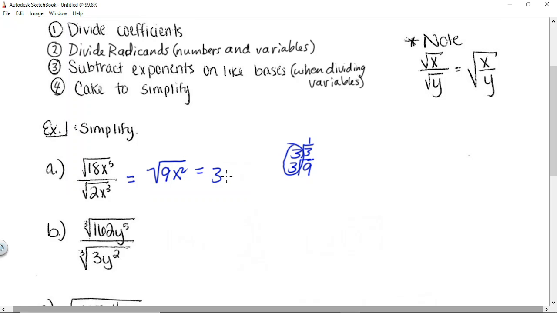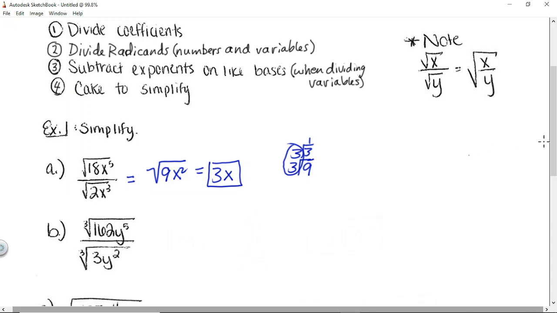We have a group of 2 x's as well, x times x. So x comes out. And there's nothing left. There are no leftover x's or numbers in our cake. So that's it, we're done. Nothing inside the radical, so you don't even write the radical.